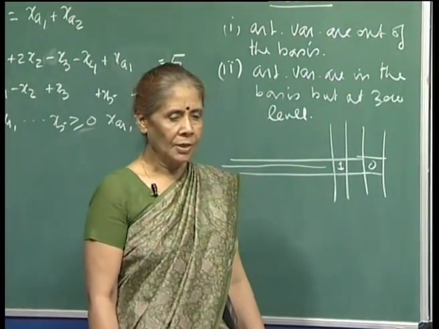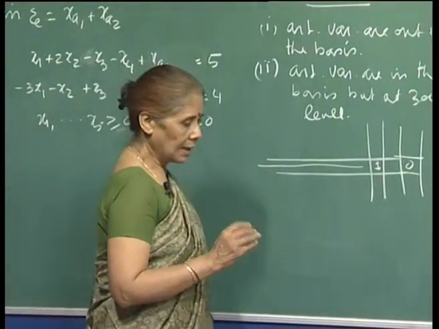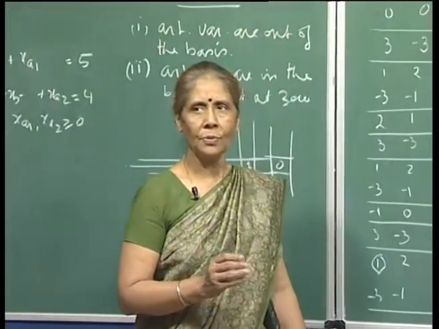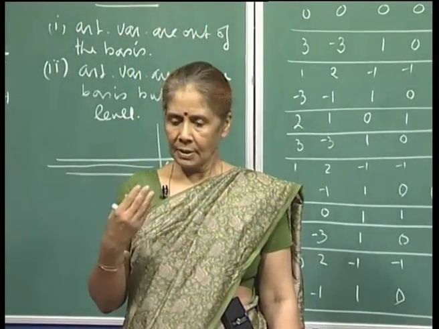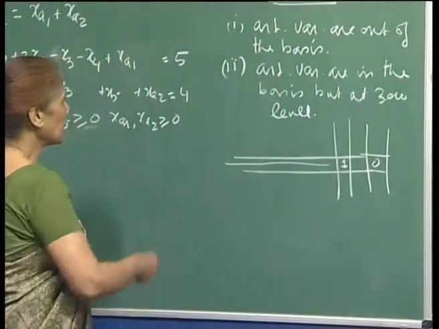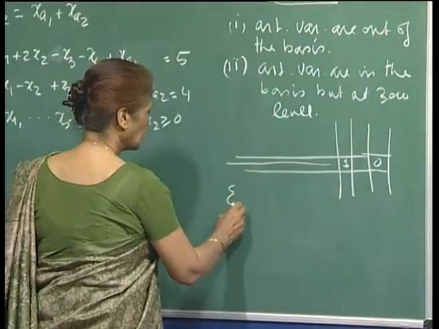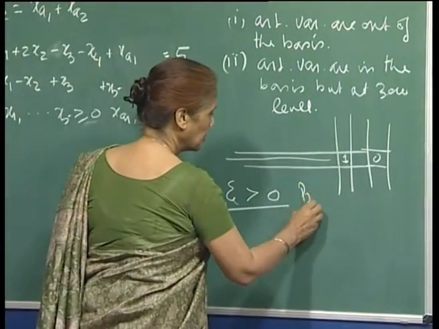So phase 1 at the end will either give you a basic feasible solution from among the regular variables, or it will tell you that there is one or more than one redundant constraint. And the third case is when psi is greater than 0, then you know that the problem is infeasible.